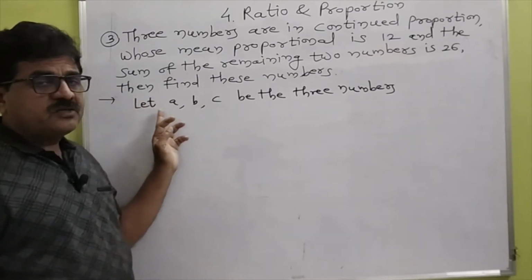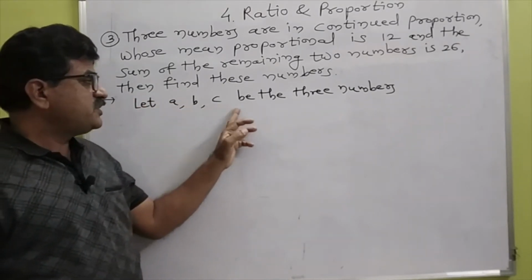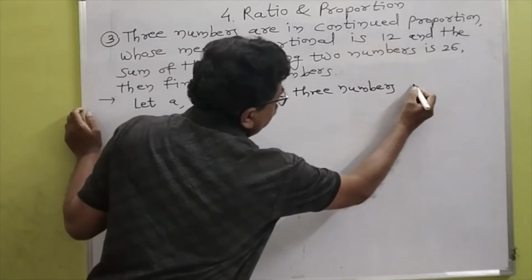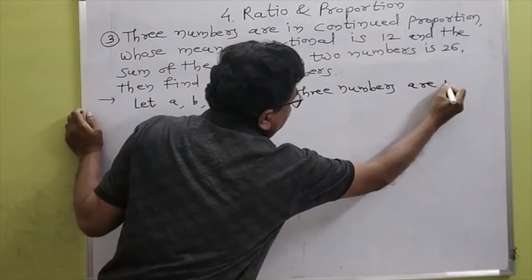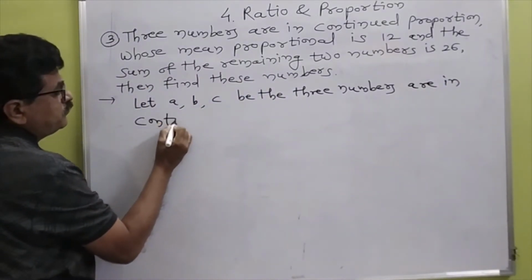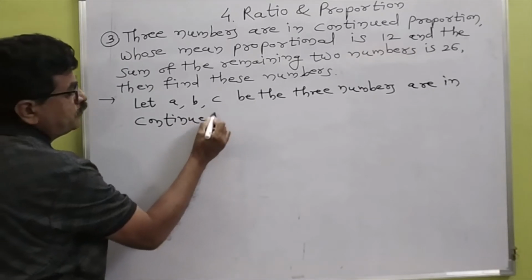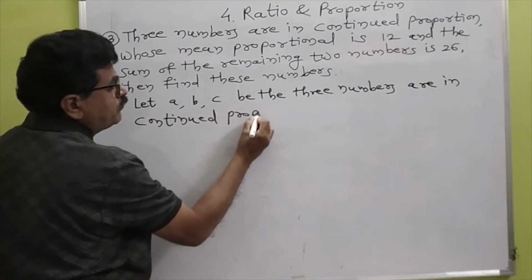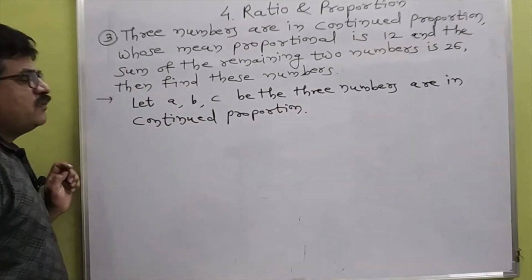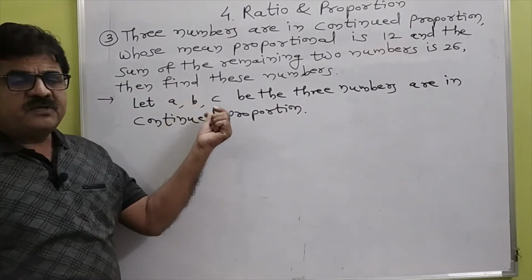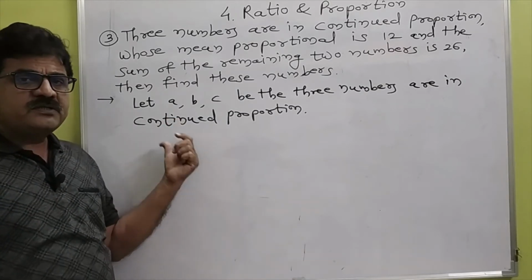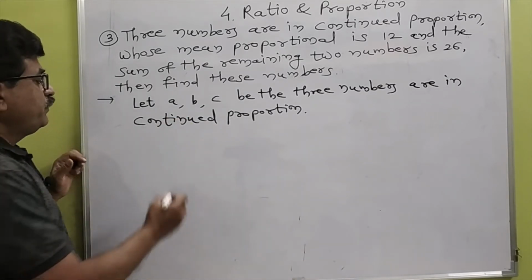Therefore, first we consider let A, B, C be the three numbers in continued proportion. Now we know that if A, B, C are in continued proportion, then we can write B square is equal to AC.